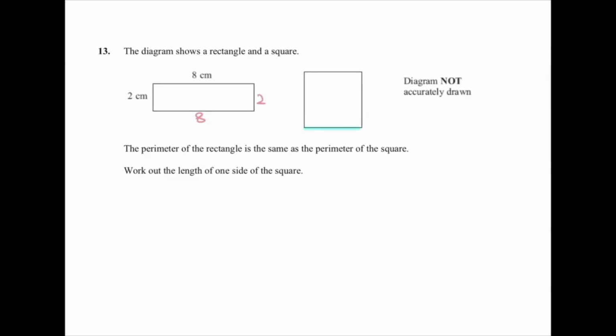Perimeter is to add around the edge. So we've got 8 plus 2 plus 8 plus 2, which would give us 20. So I now know that the perimeter of my square must be 20. I've got 4 edges. They're all equal. So I can just share the 20 between the 4 edges. And our answer is 5.